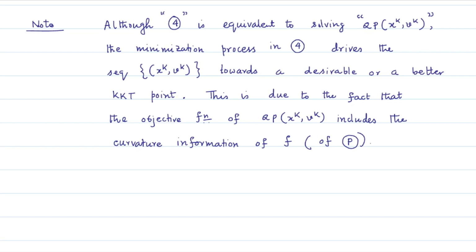The crucial disadvantage is that this QP at a given xk, vk may be unbounded or infeasible, and thereby this problem will not have a solution even if the equation 4 is going to have a solution. We will have shortly two examples on this unbounded or infeasible QP at a point xk, vk.